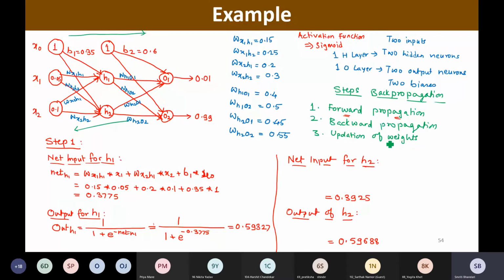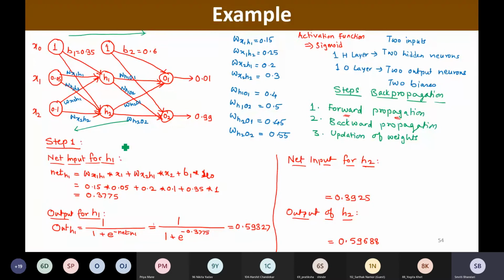Okay, and what we are simply doing is back propagating the error, computing the respective terms in back propagation, and finally we are going to update the weights, right? So unless we reach the minimum error, we are going to repeat this process.